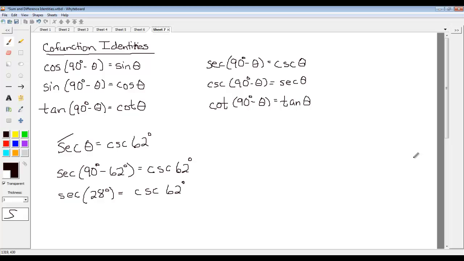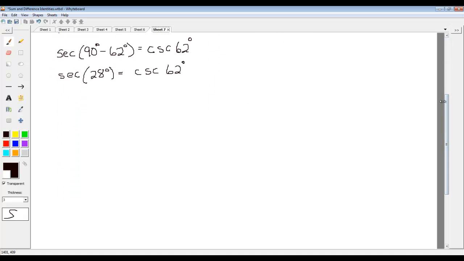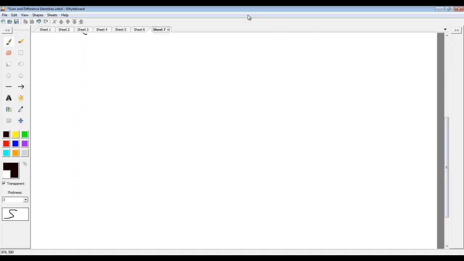Okay, one more problem I want to work. I'm just going to scoot down on this piece here. It's a verifying identity, but it's going to use some of this information we just learned.